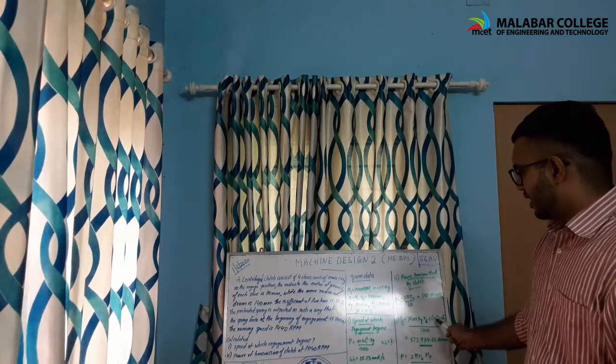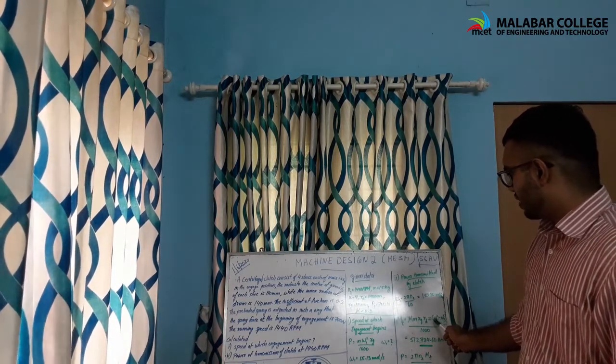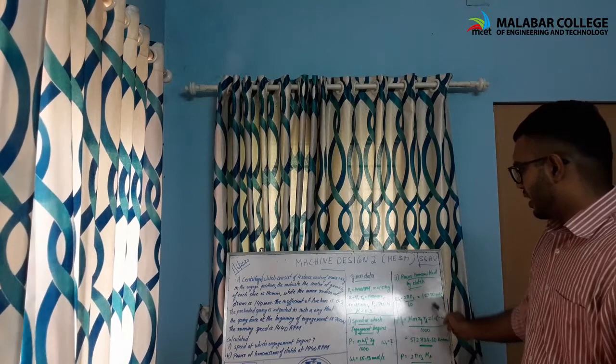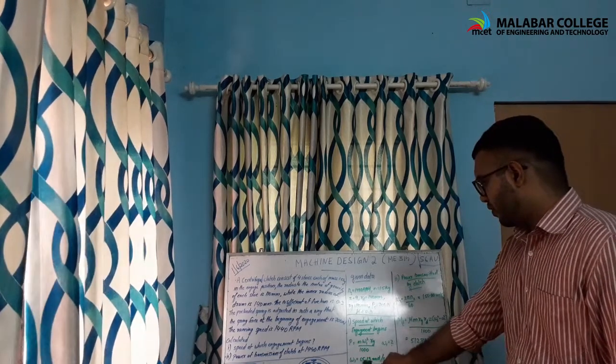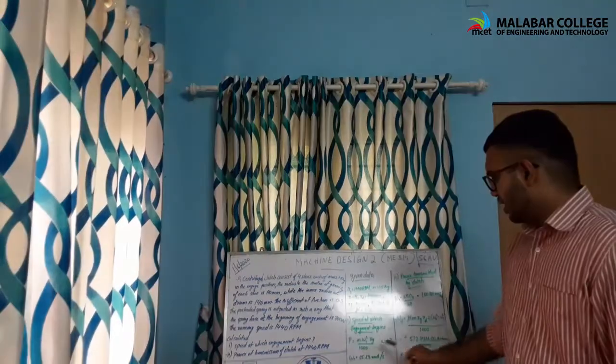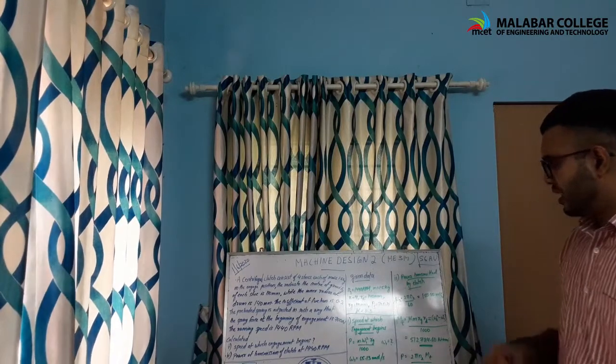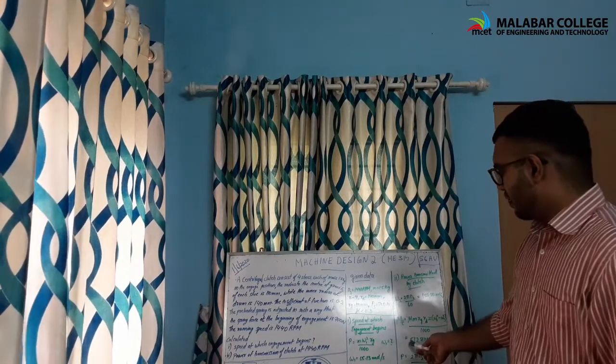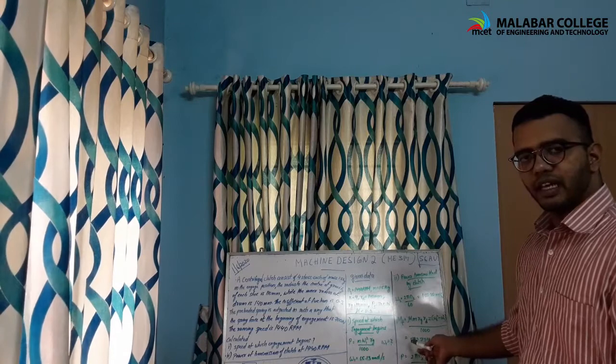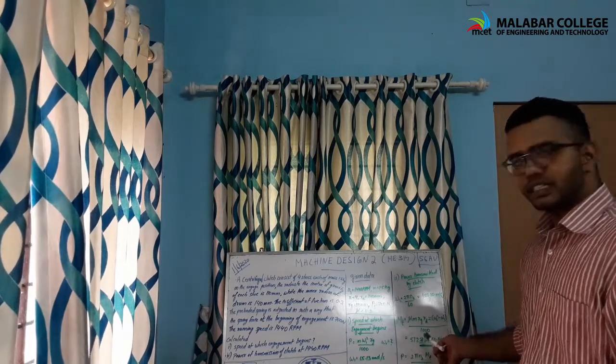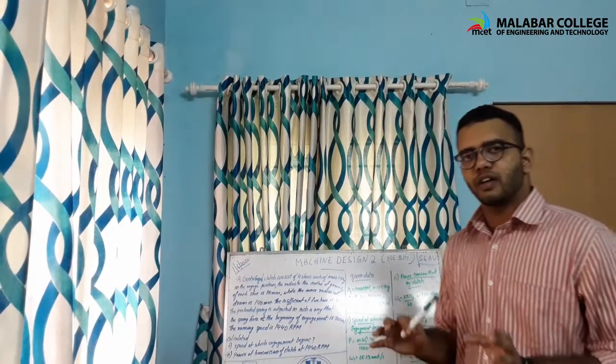Omega 2 we found here squared, minus omega 1 squared, which is 65.13, and we find the value of Mt as 512,784.60 Newton mm.